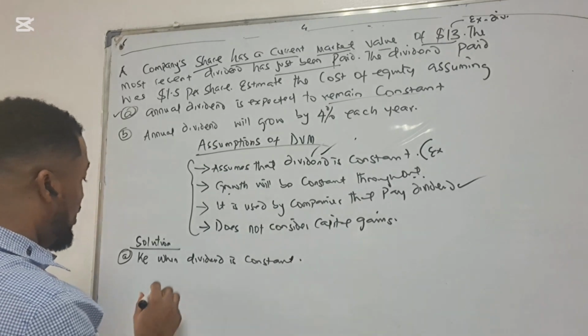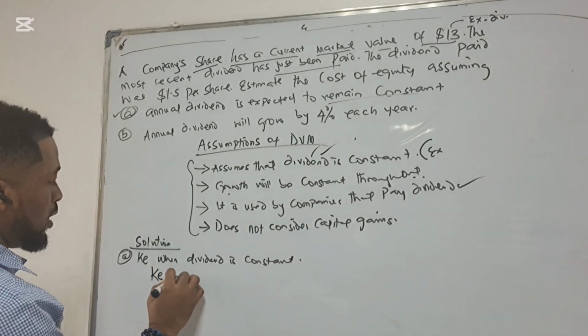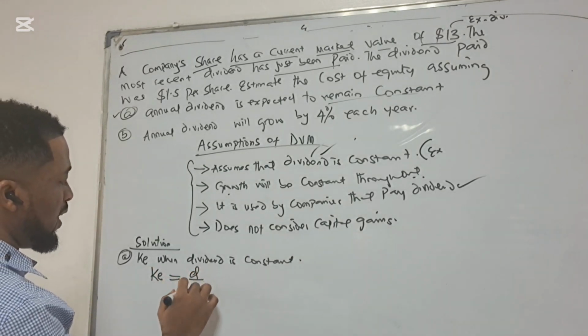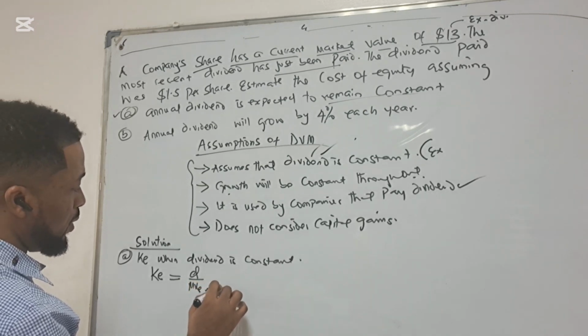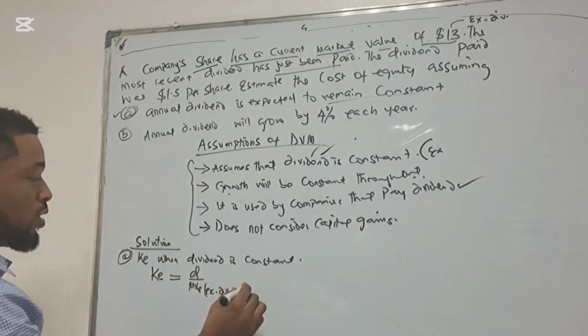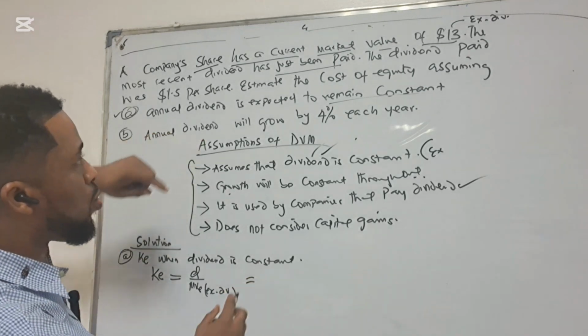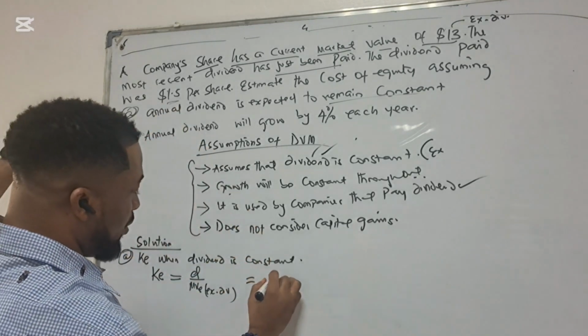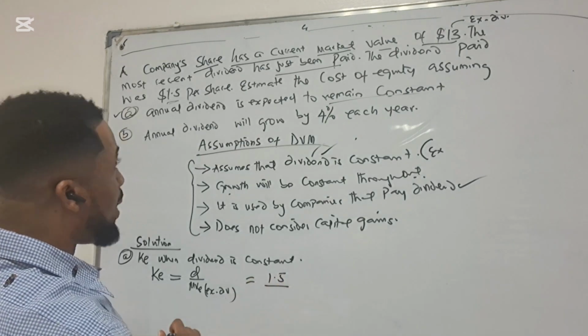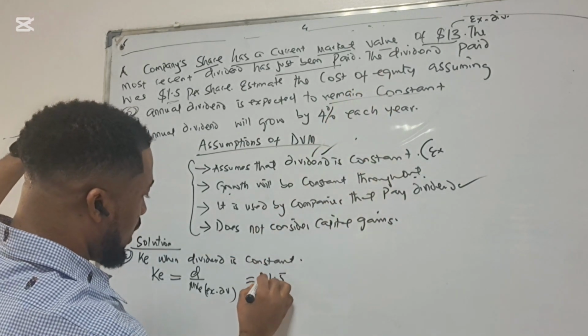From our formula, KE equals dividend divided by market value of equity ex-div. Since there's no growth, no thinking is required. All we need to do is get the dividend. Dividend paid now is 1.5, divided by the market value, which is $13.